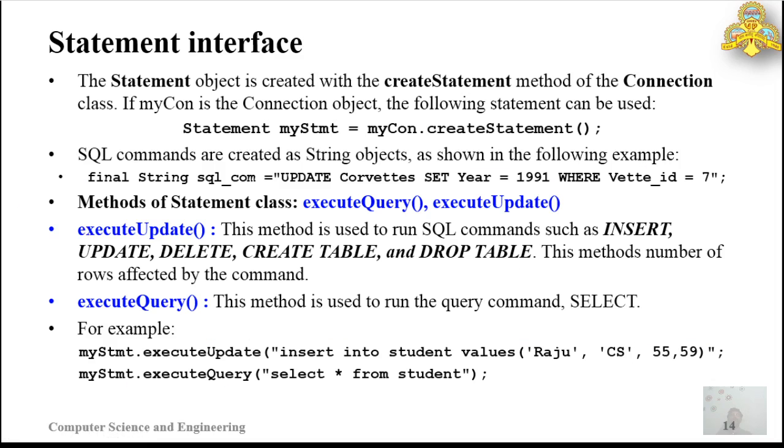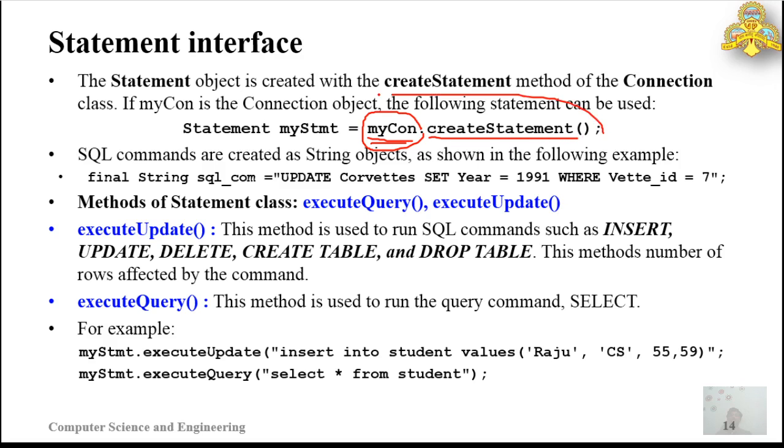Next is the Statement interface. We will create a Statement object, and usually that is created by the Connection class. This Statement object works with a string, which is nothing but the SQL command. So here is the example code: mycon, where mycon is a Connection object created from the Class.forName method, and here it is createStatement.